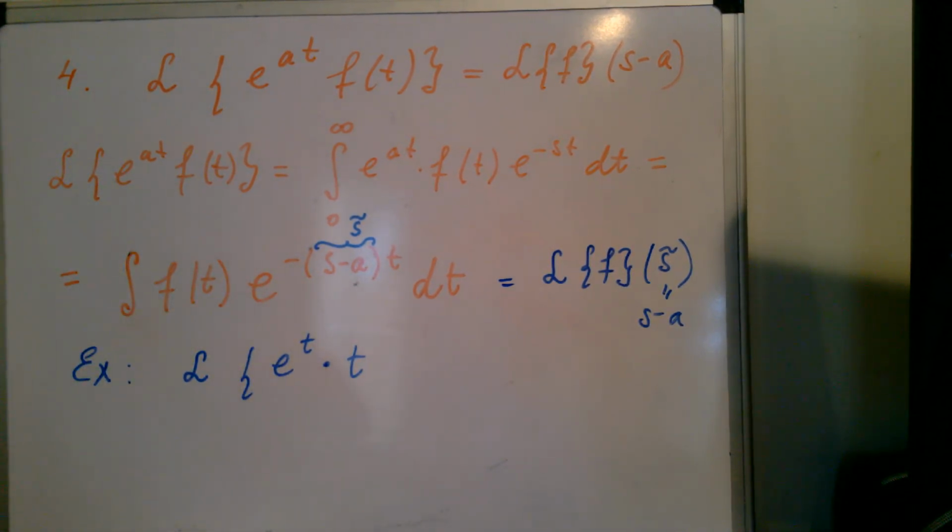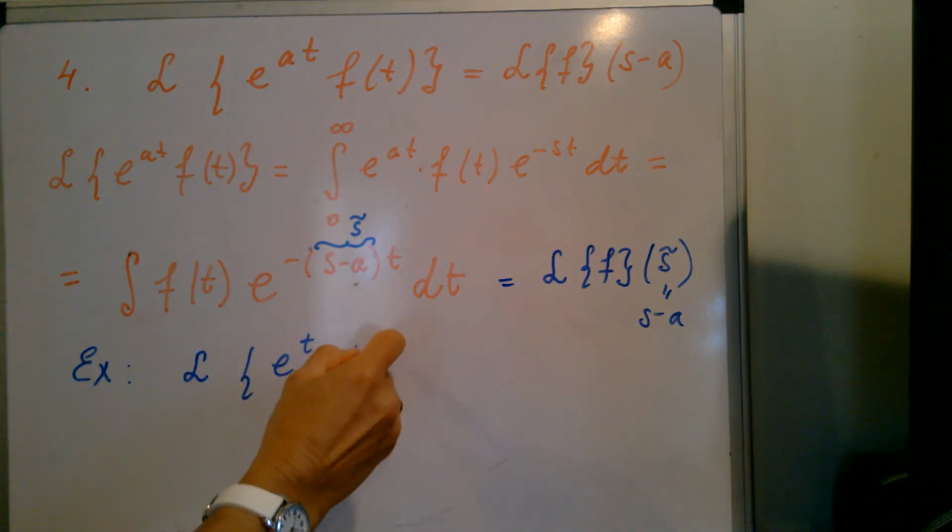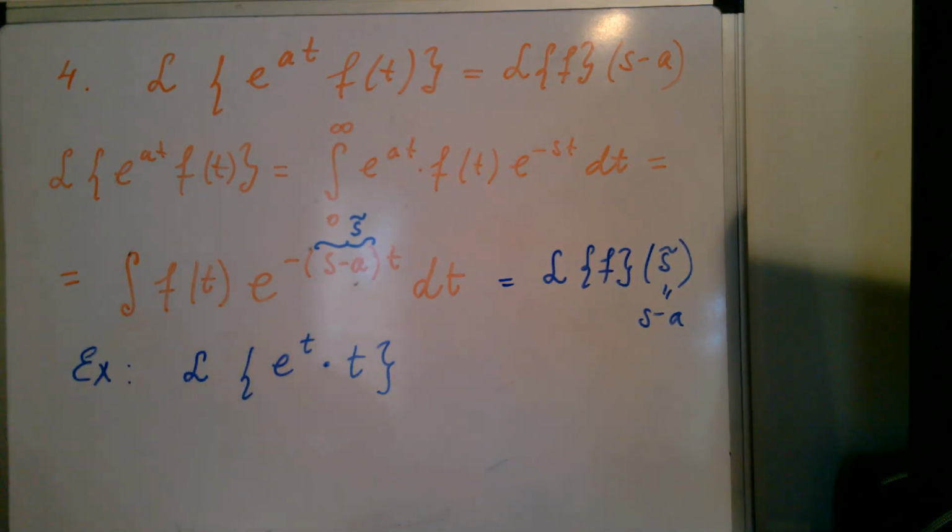I think that's not a bad idea, right? We do know the Laplace transform of t, so we can apply the formula and find the Laplace transform of e to the power of t multiplied by t. So what is the Laplace transform of t? Remember that it was 1 over s squared.